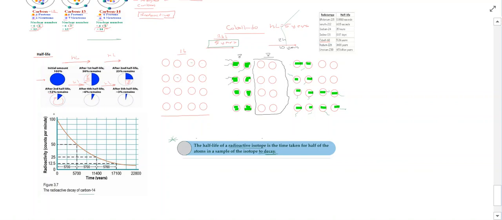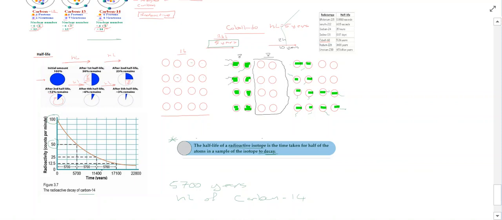We start off with 100% of the sample. 5,700 years is the half-life of carbon-14. So after 5,700 years, the amount of carbon-14 that we have left has reduced by 50%.